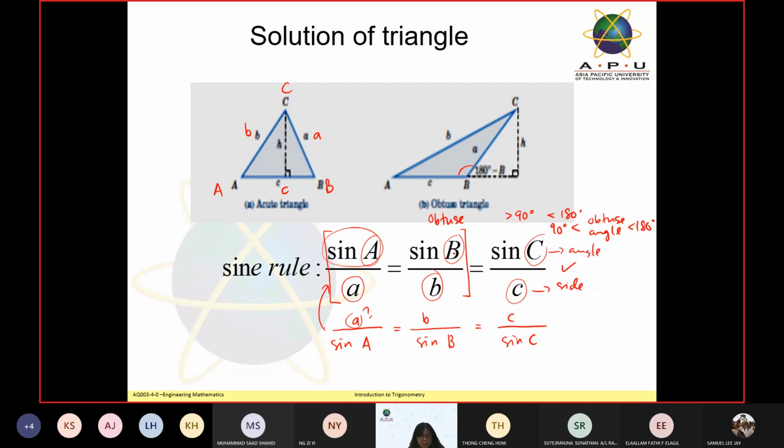If you want to find the angle and you have another angle and two sides of the triangle, you can use the sine rule. If you want to find the side, and you have two angles and one side of the triangle, then you can use the sine rule.